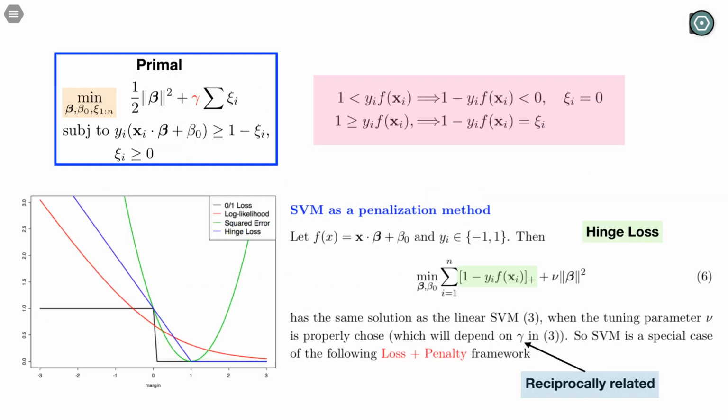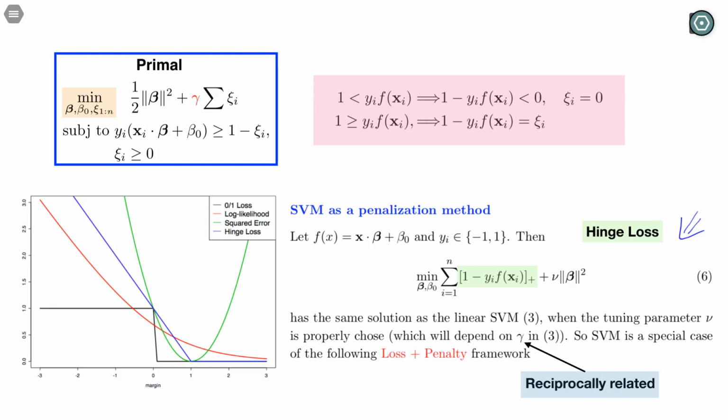We can understand the role of gamma by looking at an alternative formulation of the soft margin formulation. So this is our primal formulation. And you're going to find out that it can be equivalently written this way.